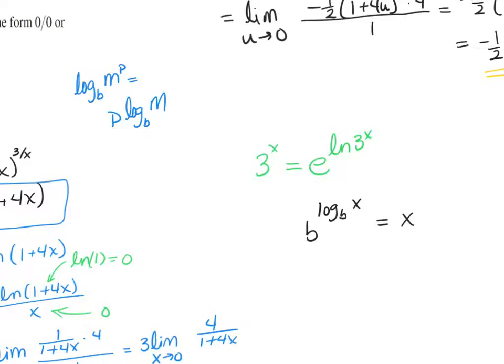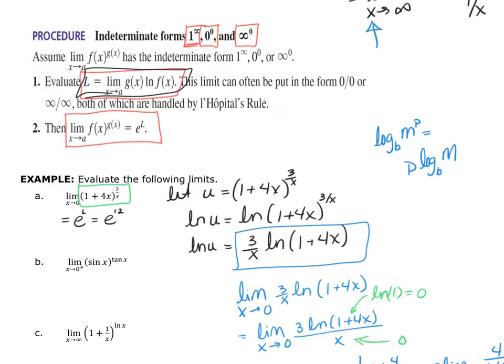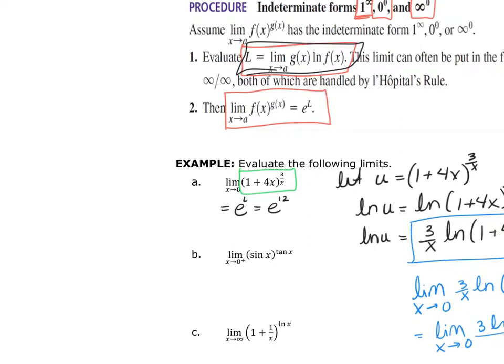So I didn't initially have the natural log in there. So what I'm really doing, because I don't really have the natural log, is I'm taking this portion right here and rewriting it using that rule that says if I have b raised to the log base b of x.